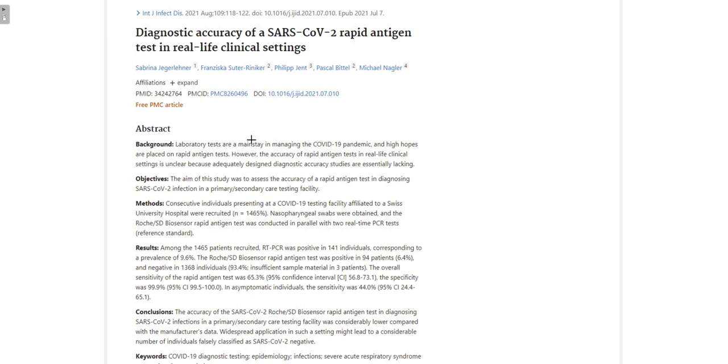So as a practical example, I want to look at the rapid antigen test of COVID.